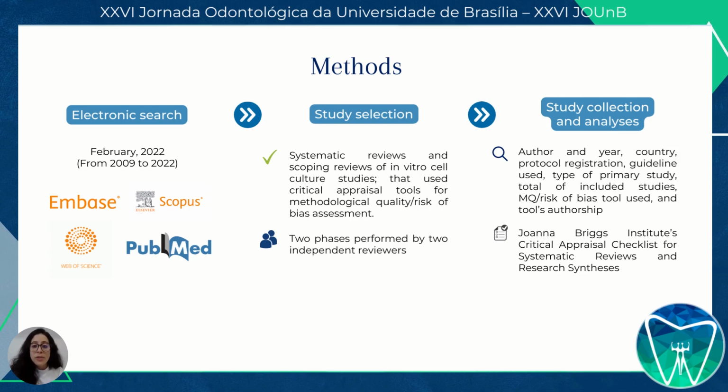The selection process was performed by two independent reviewers in two phases. In each study, we collected the basic information. The methodological quality assessment was carried out by two authors independently using the Joanna Briggs Institute critical appraisal checklist for systematic reviews and research synthesis.